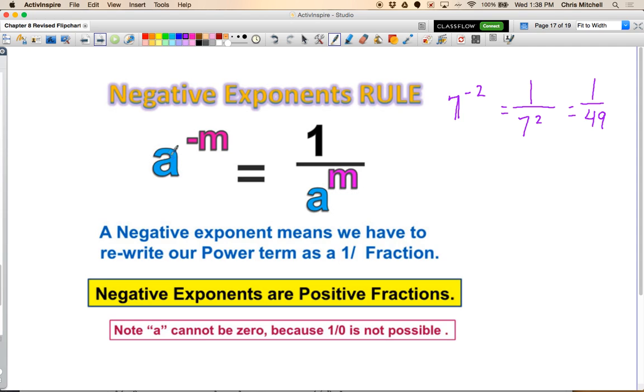So whenever we have a base raised to a negative exponent, we're going to write it as a fraction with the numerator being 1, and then our expression with a positive exponent as the denominator. So here's what I want you to remember. Negative exponents are positive fractions. Again, negative exponents are positive fractions.